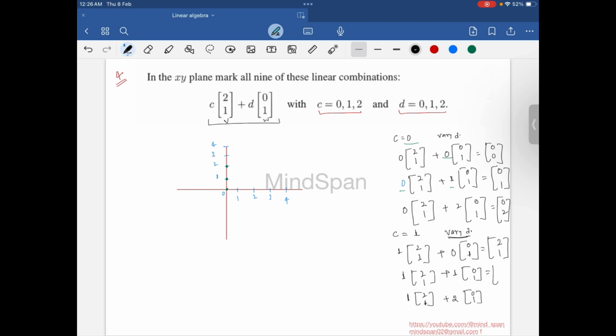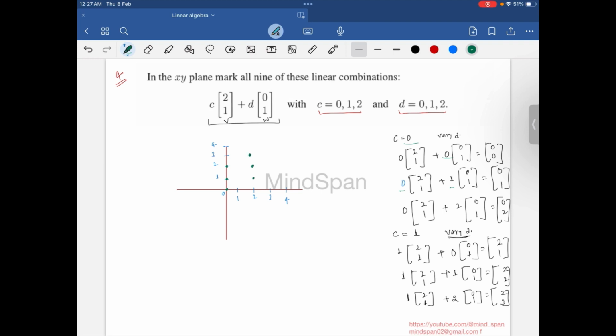And from here we will get 2 and 2, and here we will be getting 2 and 3, if I am not wrong. So the points we will be getting are 2 and 1, this point, 2 and 2, this point, and 2 and 3, this point.